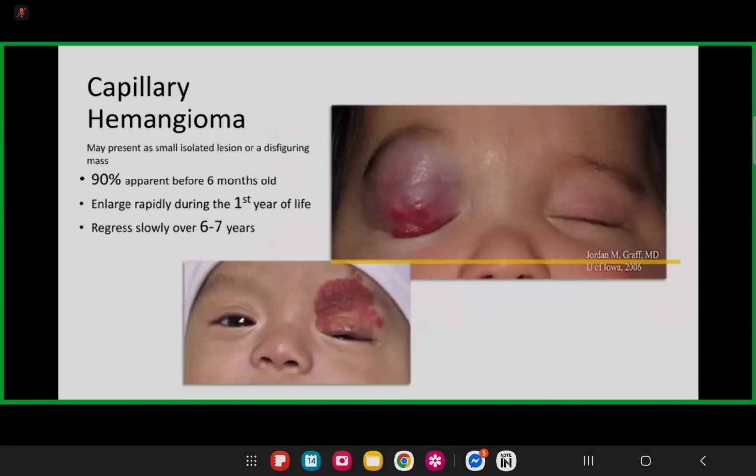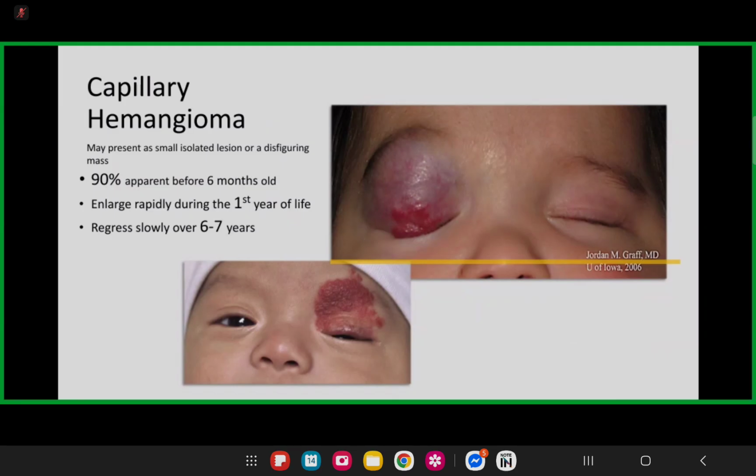So capillary hemangioma can appear in different areas, involving the orbit, but mostly on the eyelids. So again, it can be a small isolated lesion, or it could be a large disfiguring mass.